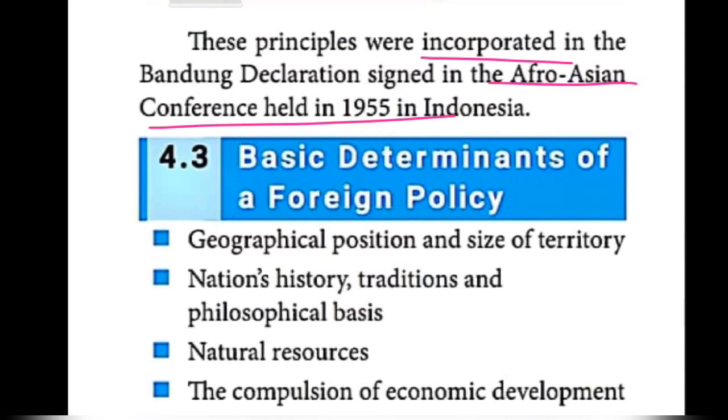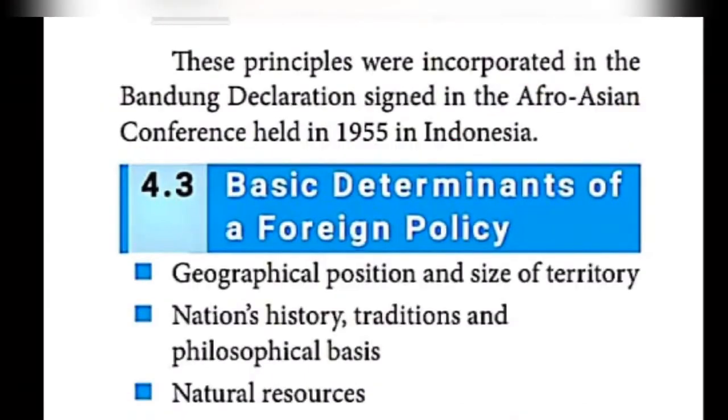So in 1954 the Panchashil was signed between 2 leaders, of 2 countries, China and India. The Bandung Declaration incorporated it, meaning it was added, in the Afro-Asian Conference held in 1955 in Indonesia. Okay, children.